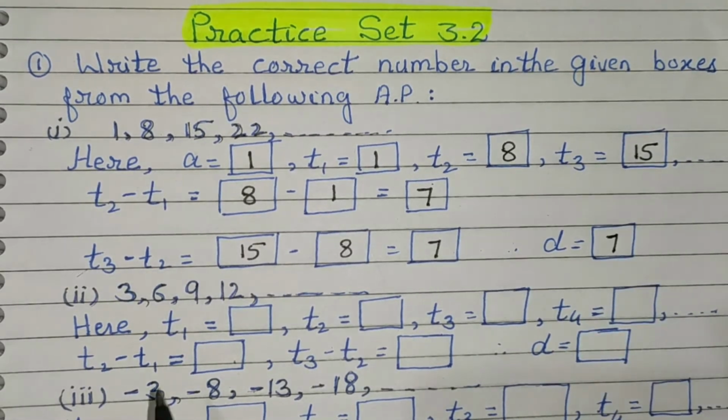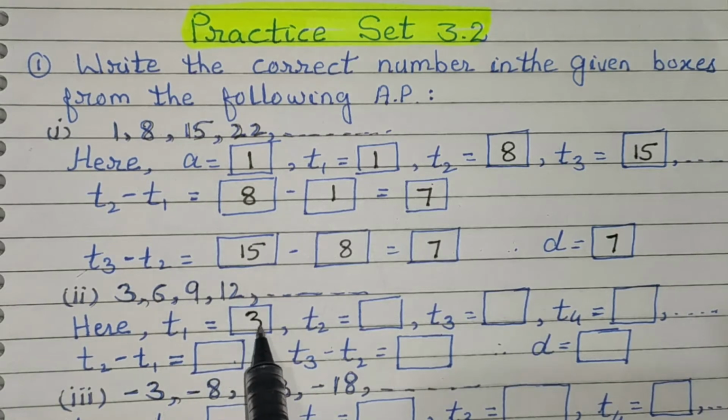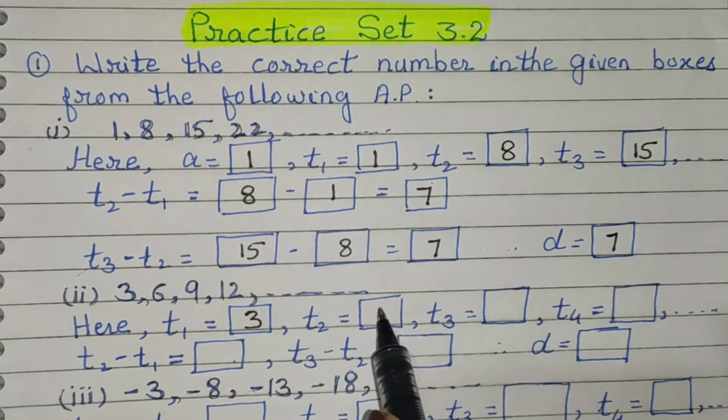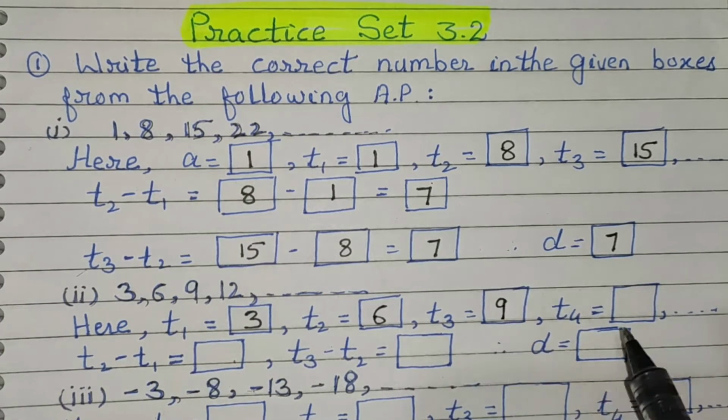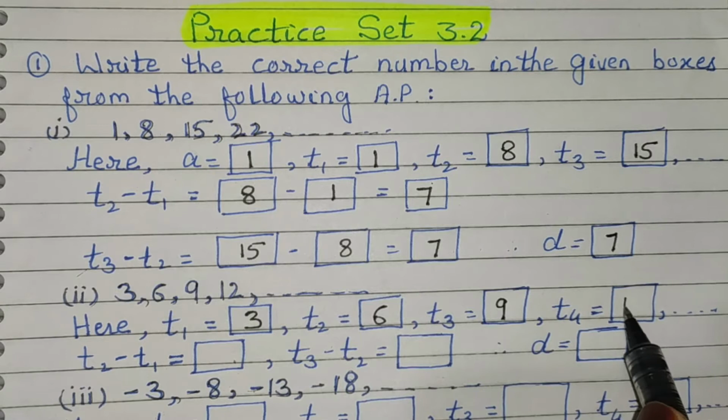Now look at the second AP: 3, 6, 9, 12. Here T1 first term is 3, T2 second term 6, T3 third term 9, T4 12 and so on.